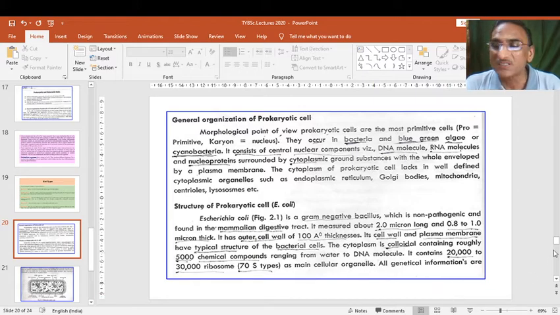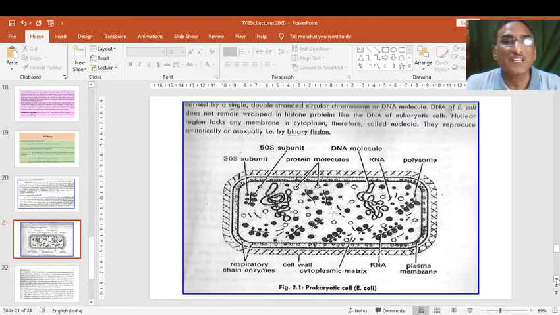So all genetic information is carried by a single or double stranded circular chromosome of DNA molecule. The DNA of E. coli does not remain wrapped in histone proteins like the DNA of eukaryotic cells, and the nuclear region lacks any membrane in the cytoplasm and therefore is called a nucleoid, not a nucleus.